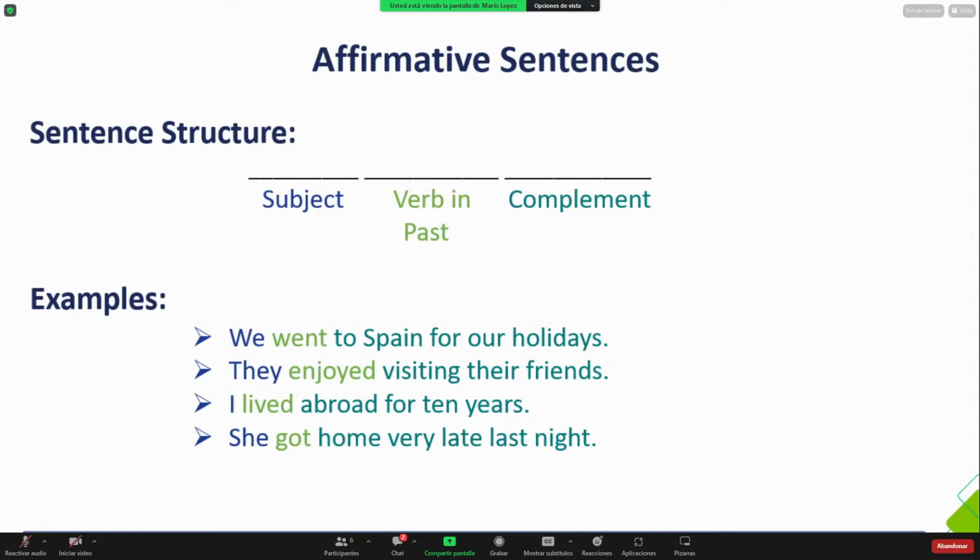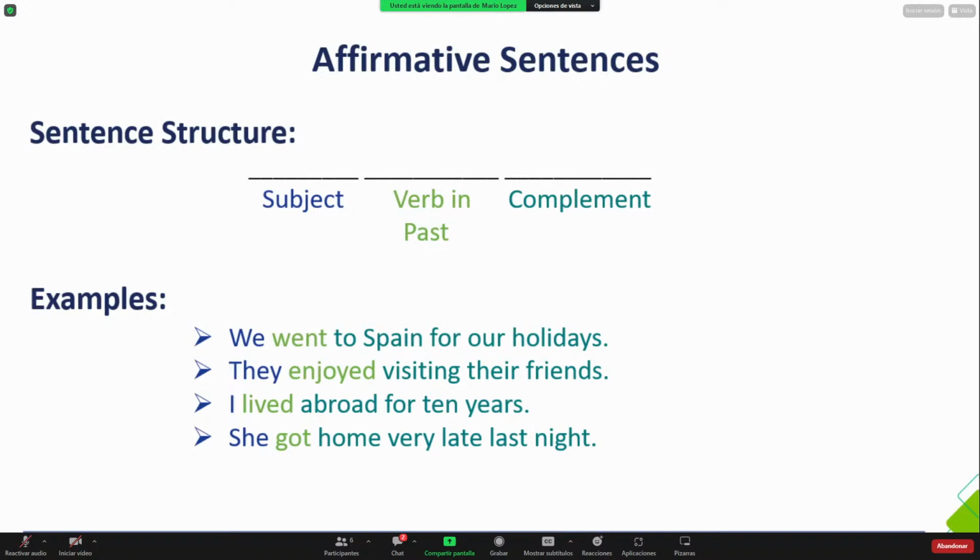We have subject, verb in past, and complement. For example, we went to Spain for our holidays. Nosotros fuimos a España en nuestras vacaciones o en nuestros días libres.